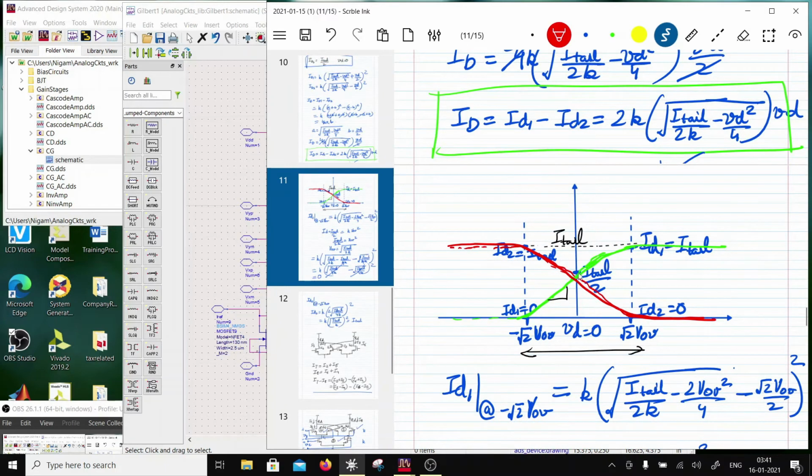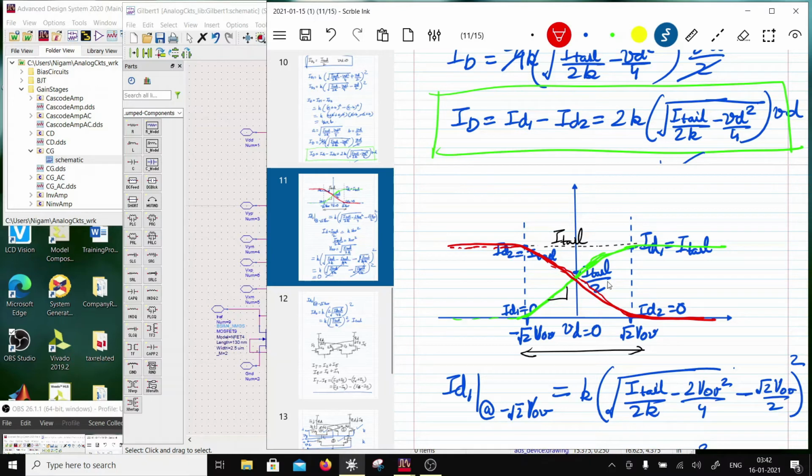Now if you make the transistors very small, then the input voltage range, which is linear gain, is going to be large. So this would be a multiplier. But if you make the transistors large, then the input voltage range would be small, and this would be a mixer. But then if you do this, the harmonic distortions are going to increase.